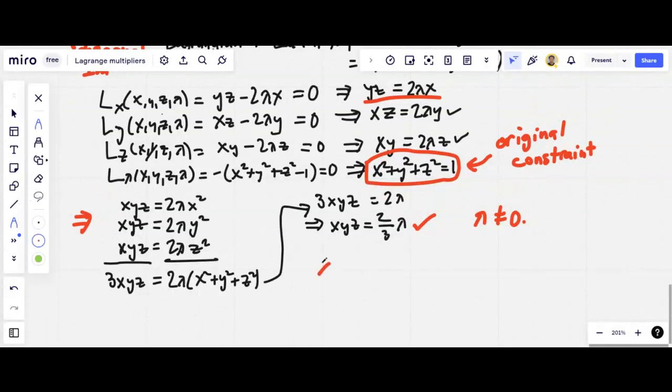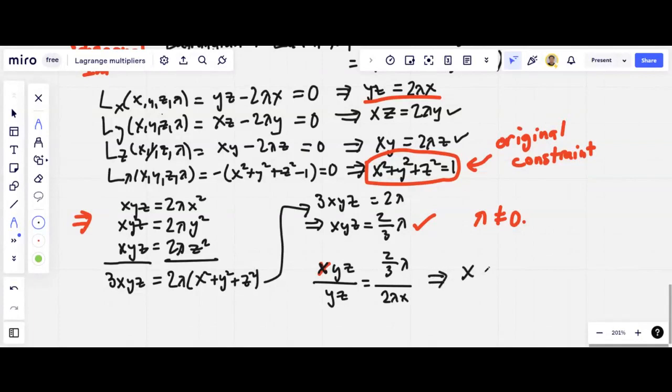We have xyz, if I divide it by yz, will be equal to 2/3 of lambda divided by 2 lambda x. Now notice again that all of x, y, and z are positive values, and so dividing by yz and 2 lambda x is actually possible.